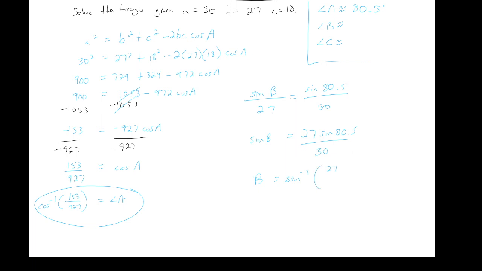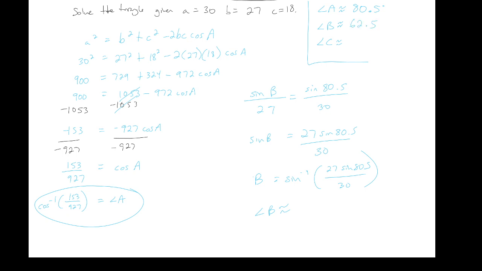We're going to put this whole thing inside of it. Okay, so angle B is about equal to, once I punch it into the calculator, inverse sine, 27 times the sine of 80.5, you divide that by 30. And that's going to give me about 62.5, okay?